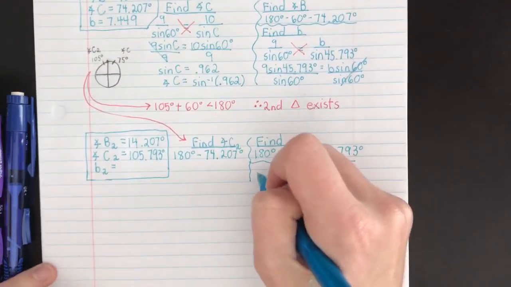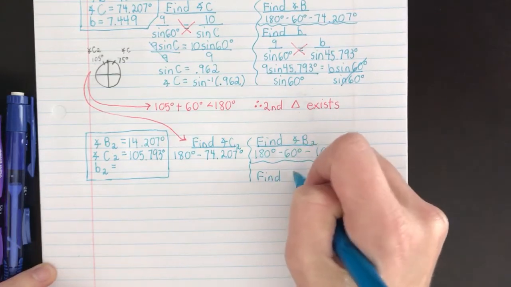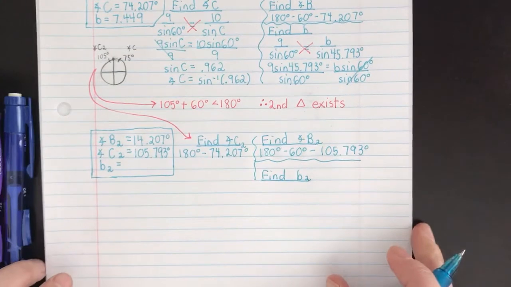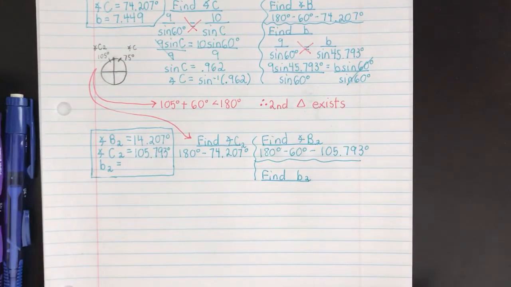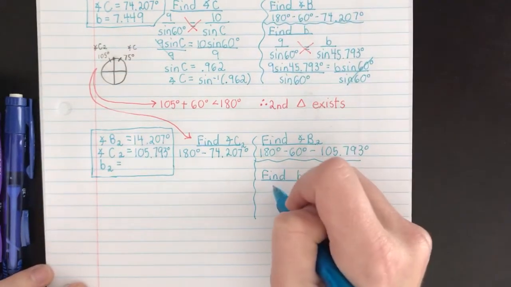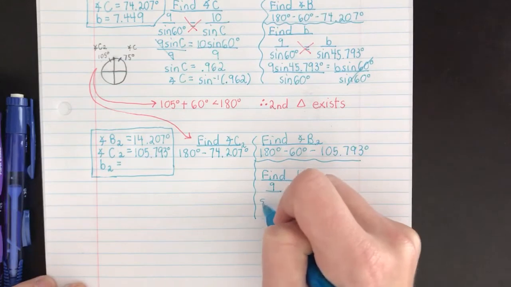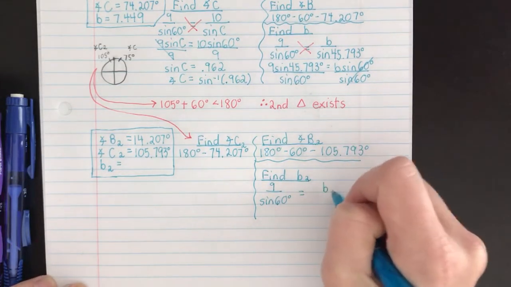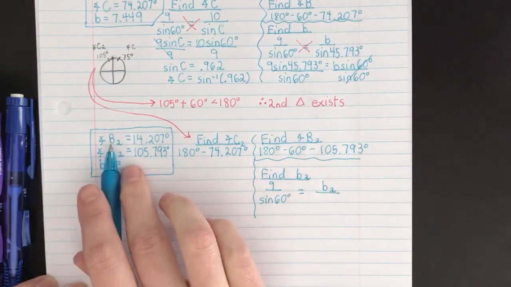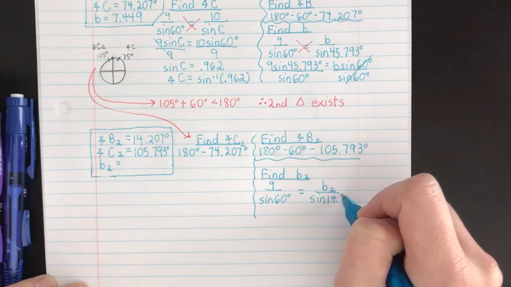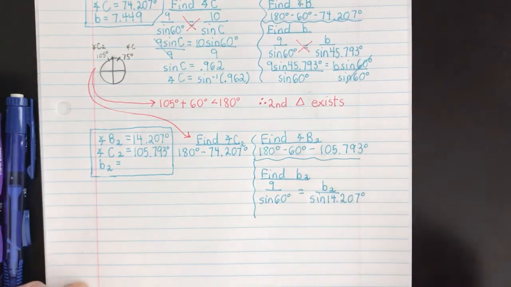Let us find side B2. Side B2 comes from our knowledge of, again, little a and big A, which were what was given. So that would be 9 over sine of 60 degrees is equal to B2 over sine of angle B2, sine of 14.207 degrees.